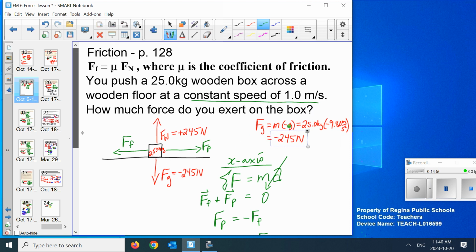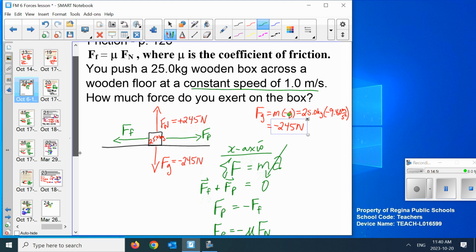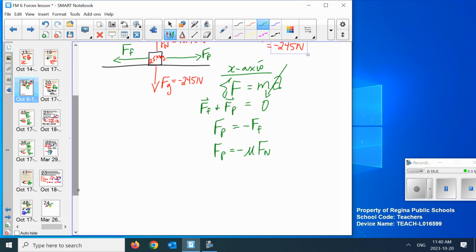So I've subbed that in. The formula, mu FN.